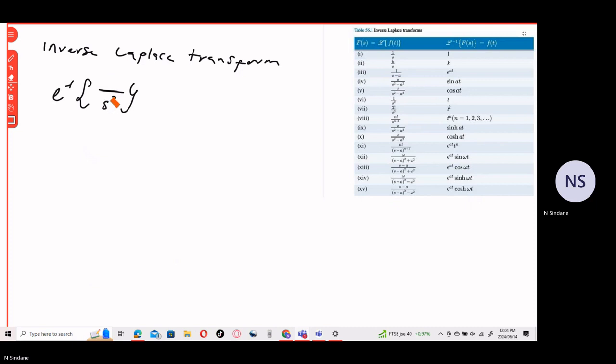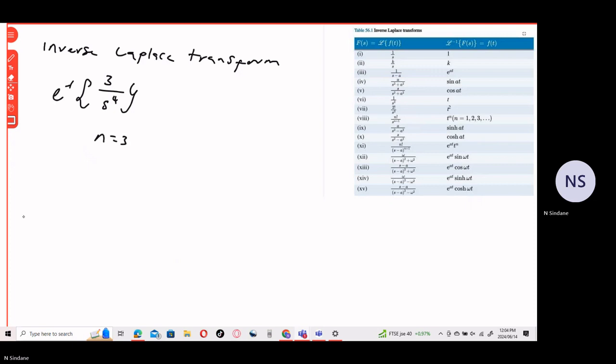So the next question, they want to know the inverse Laplace of 3 over s to the power 4. We can definitely see that this is s to the power 4. If s is to the power 4, it means n is equal to 3.